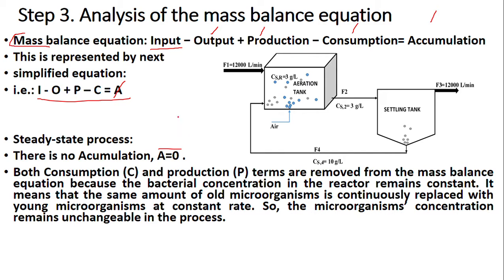Both consumption and production terms are removed from the mass balance equation because the bacterial concentration in the reactor remains constant. It means that the same amount of microorganisms is continuously replaced with young microorganisms at a constant rate. So, the microorganisms' concentration remains unchanged in the process.